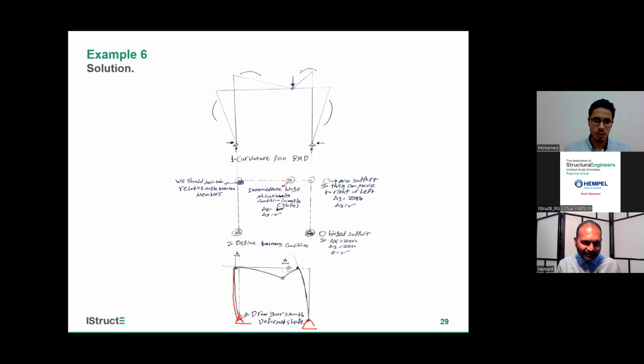The first point I assumed moved like this, just delta. From this, I'll take a tangent and one perpendicular to it. From here, I'll try to draw my curvature.